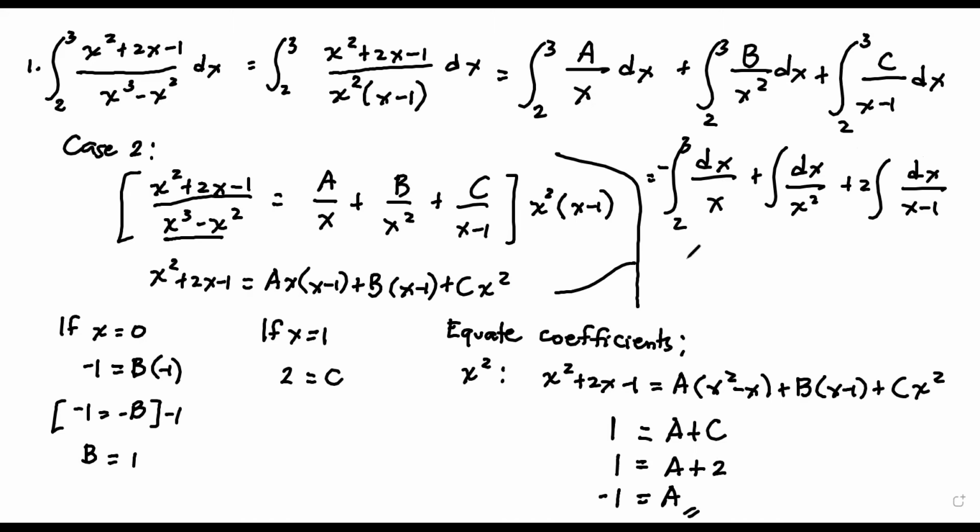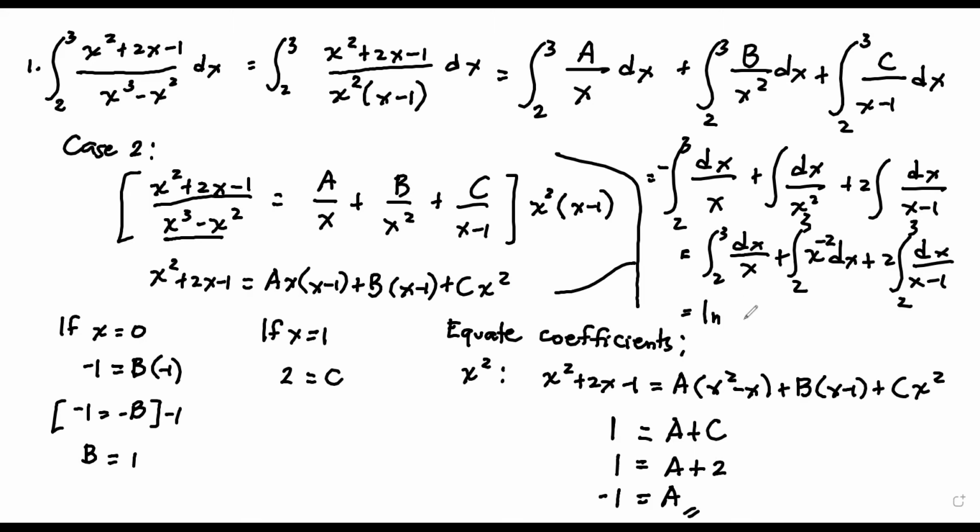And this is also equal to this one, x raised to negative 2 dx plus 2 integral of dx over x minus 1. Sorry, from 2 to 3. And then integrate. The integral of dx over x is ln x. Integrate x raised to negative 2 dx. That is x.